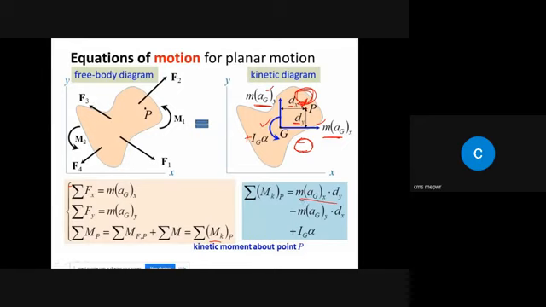So this is max dot dy minus may dot dx, and this is basically the inertia couple moment which we have. It will remain the same throughout the body as a couple remains the same. It doesn't change with the point of application of force or moment.